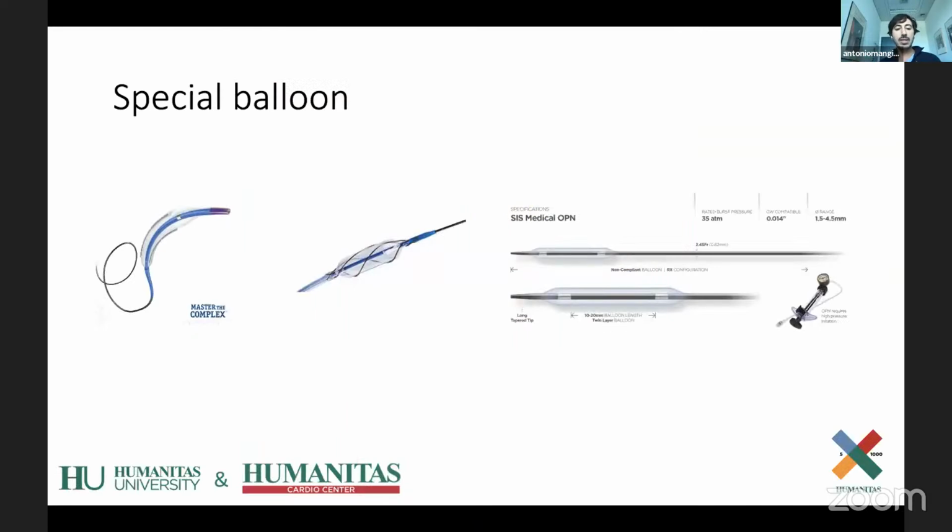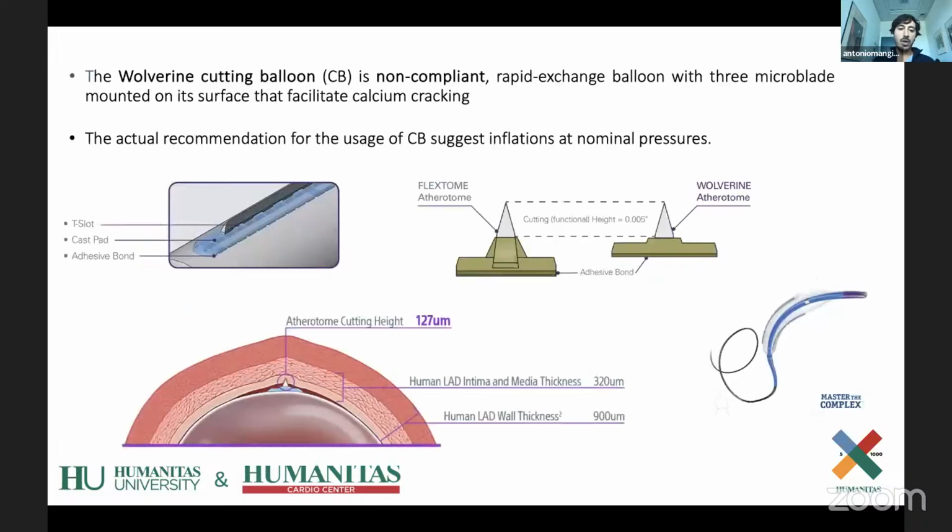So special balloons are the cutting balloon, the scoring balloon, and a super high pressure OPN balloon. Let's take a detailed look at these tools that we have in our cath lab.